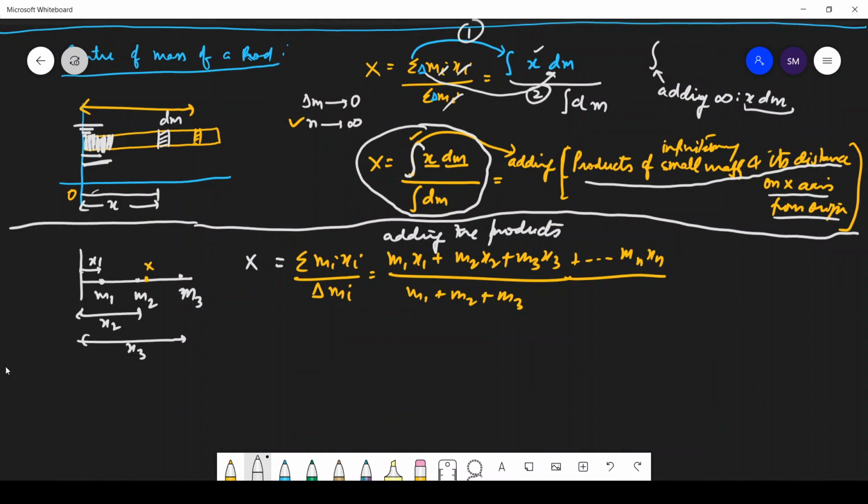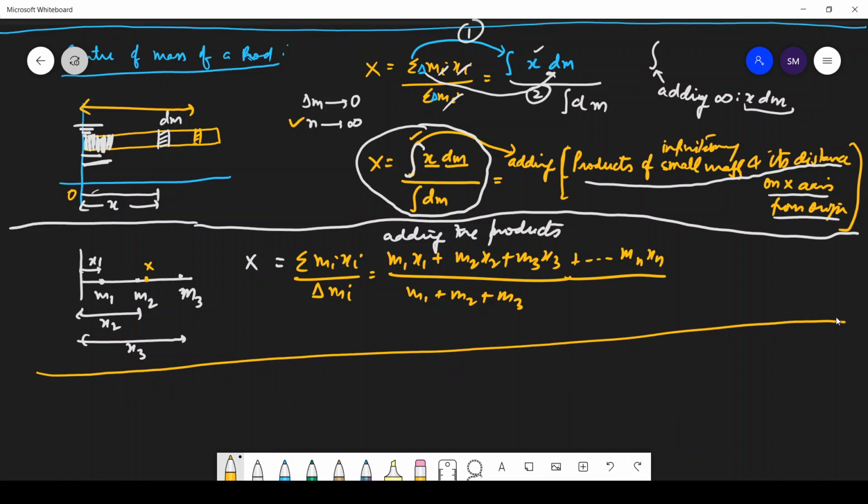Now let us find this. So this was the note in the middle. Okay, now this x dm, this x equals to what? How are you going to write x dm?